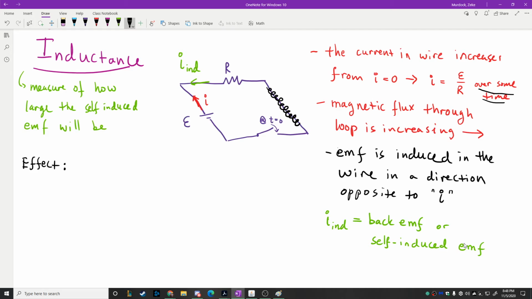Because one of the things that shows up in Faraday's law is that N that shows up in front, the number of turns. So the more coils you have in your wire, the larger this effect is going to be. And the effect is that a circuit that has a lot of coils is going to have current changes that tend to be gradual as opposed to instant.